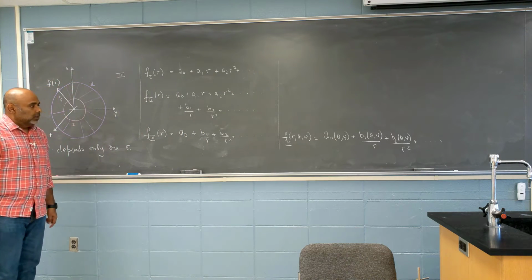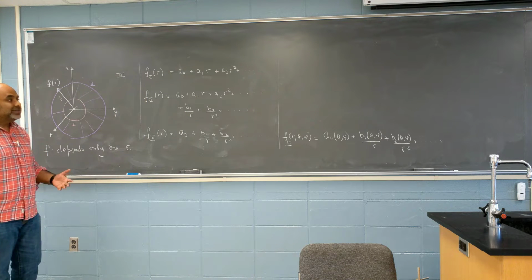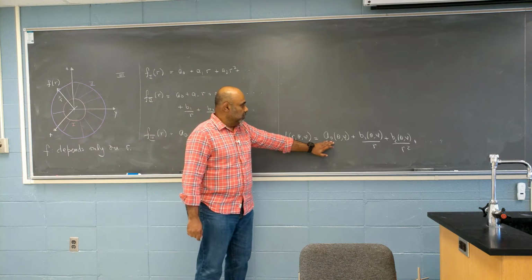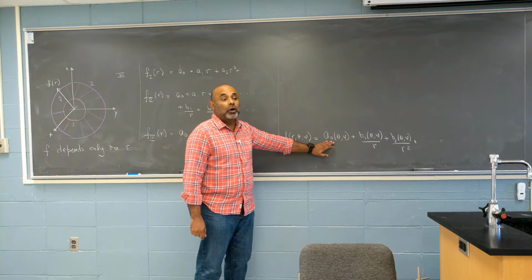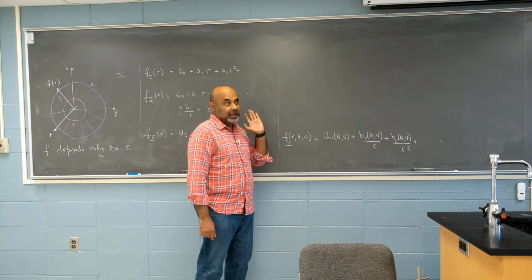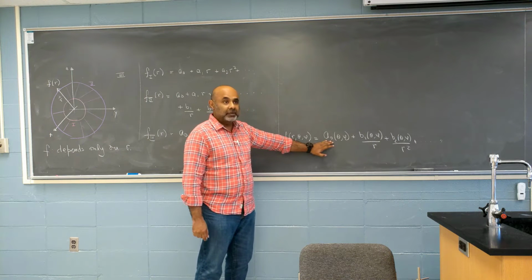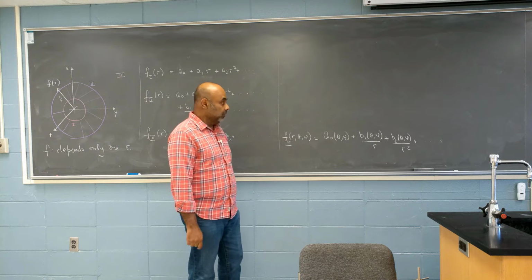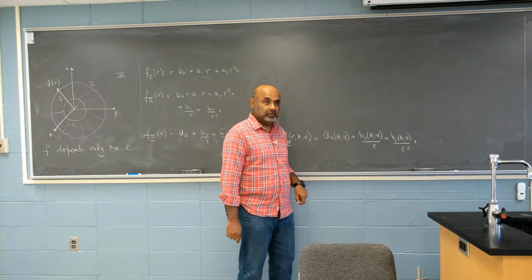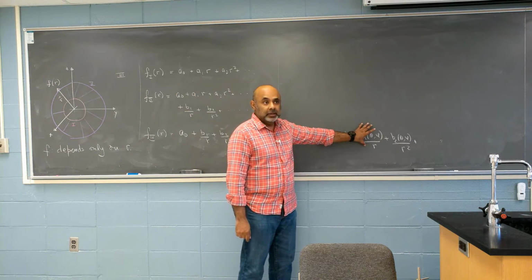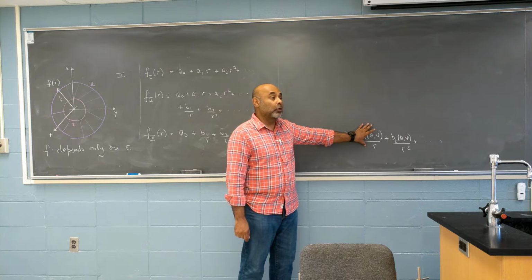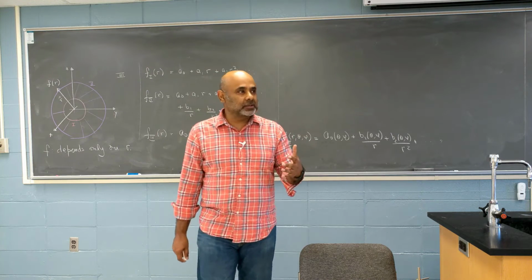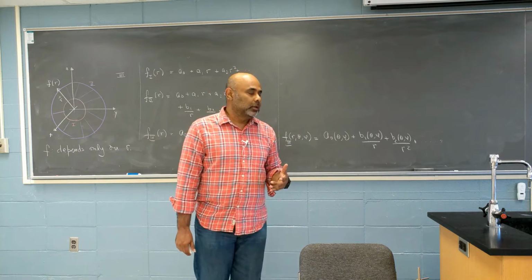Now, if a0 exists, we say the function is of order unity, which means as r approaches infinity, you have a number. Suppose a0 doesn't exist, but b1 exists. Then we say the function is of order 1 over r. It goes to 0, but how fast does it go to 0? 1 over r. What about this one?